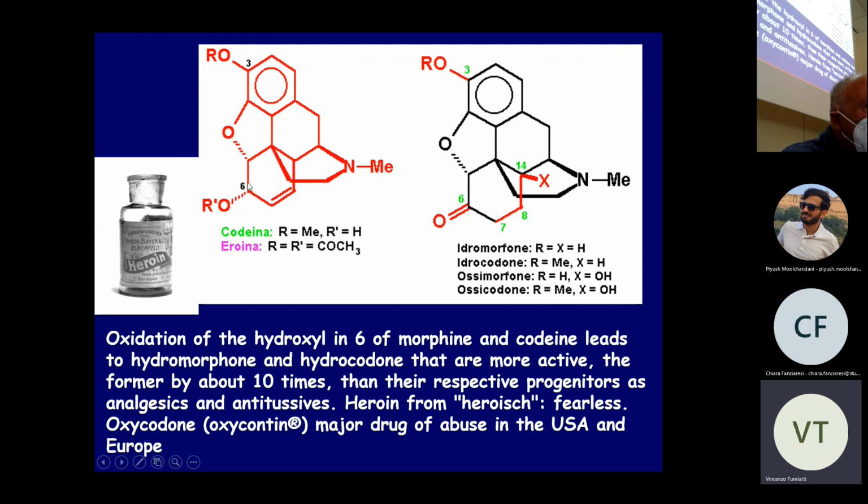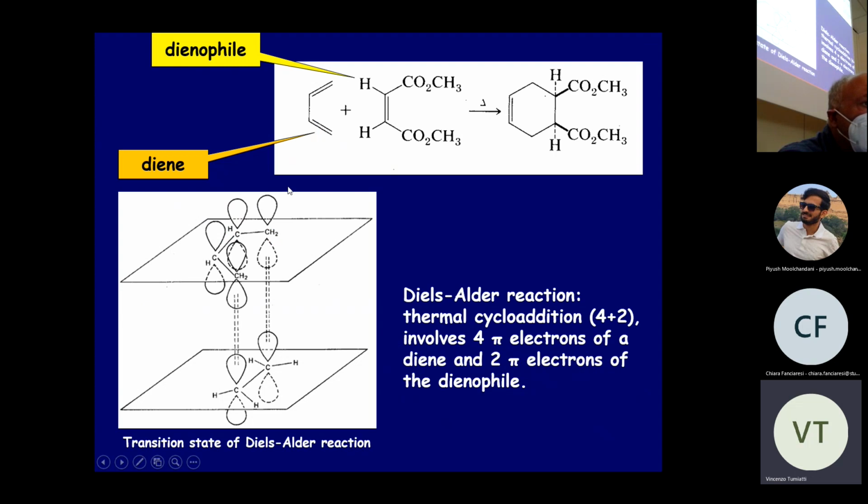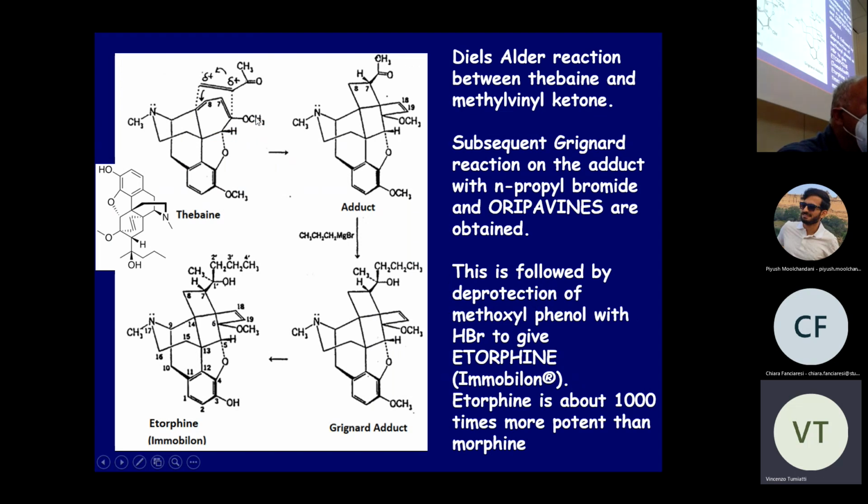In the case of thebaine, you have 2 double bonds. So we have a system like a butadiene, and so some scientists decided to make a Diels-Alder reaction, a 4 plus 2, on the C ring.